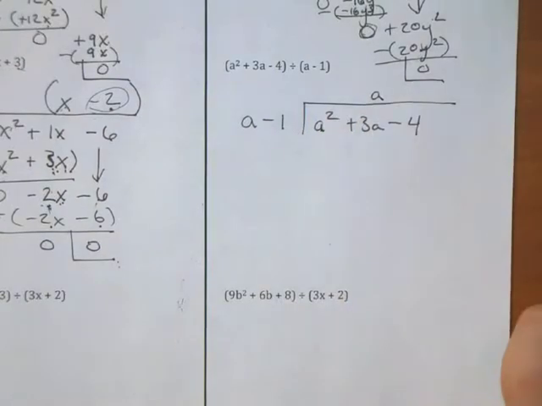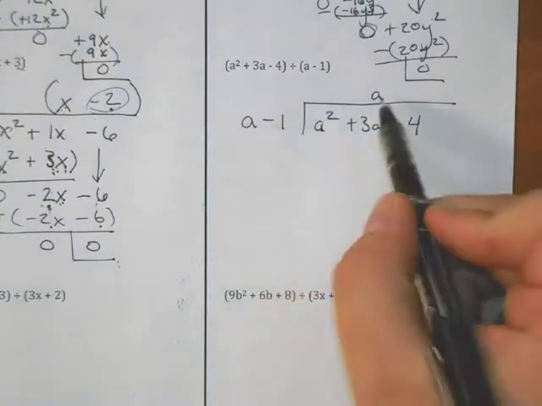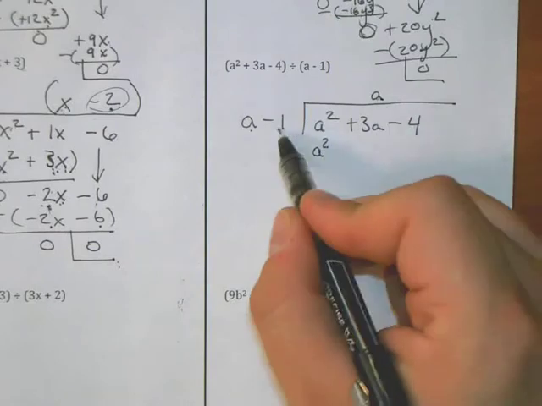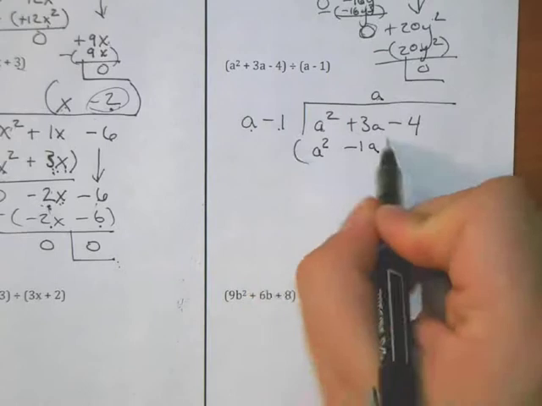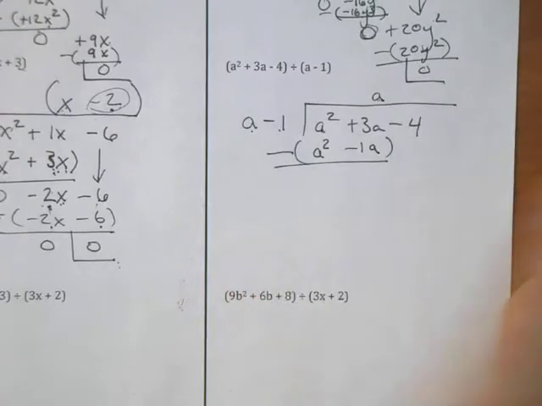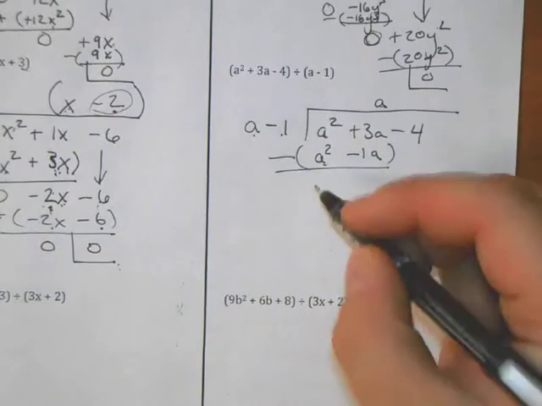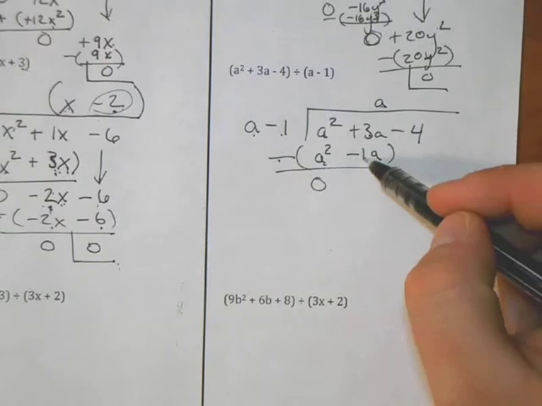So we write an a above. Multiply this a to each of these two. What's a times a? What's a times negative 1? And subtract them. What's a squared minus a squared? 0.